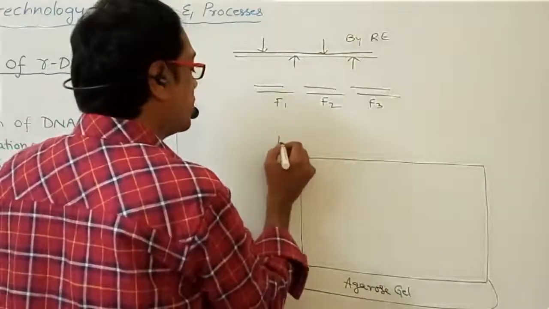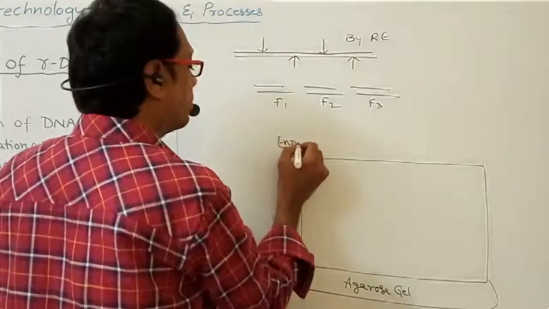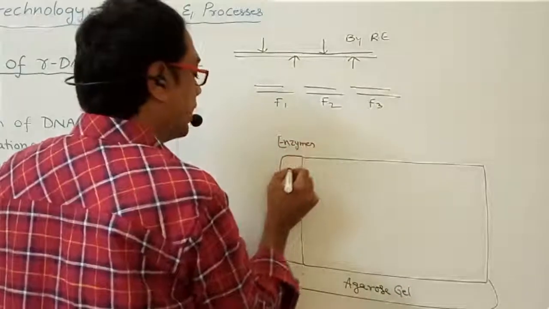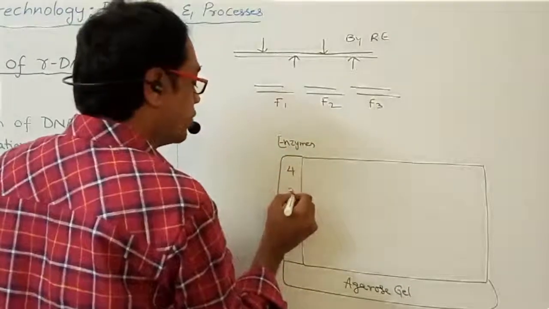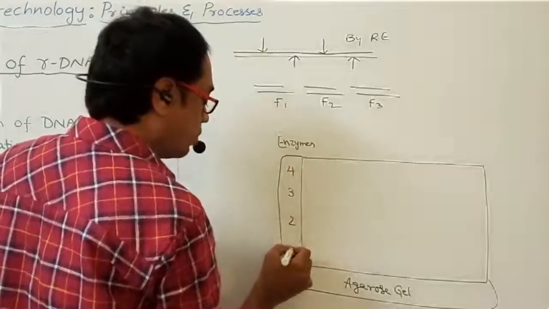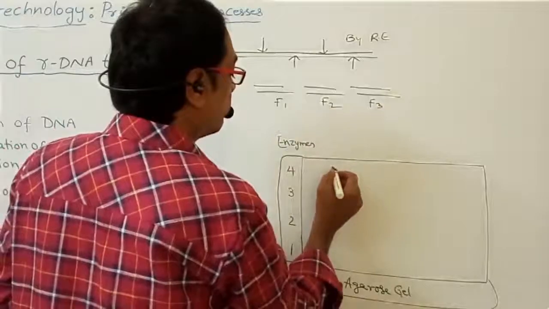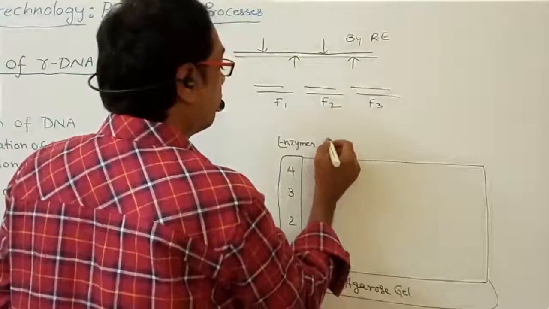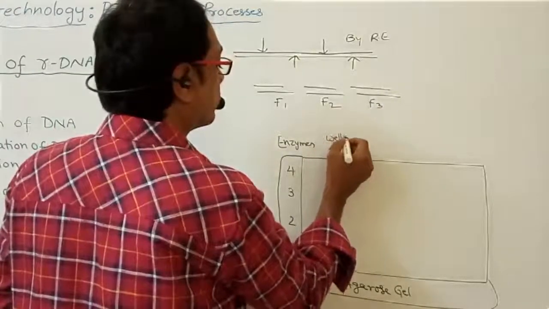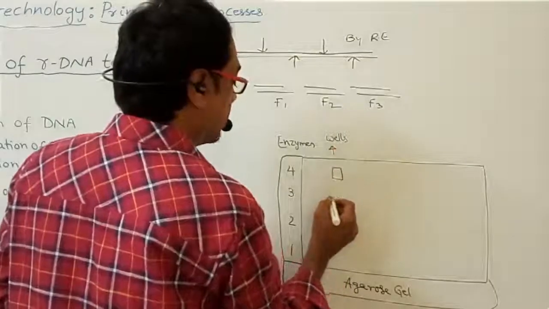Here enzymes are placed: enzyme 4, enzyme 3, enzyme 2, enzyme 1. And here these are the so-called wells.